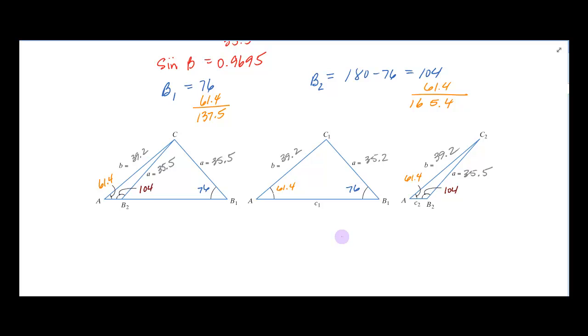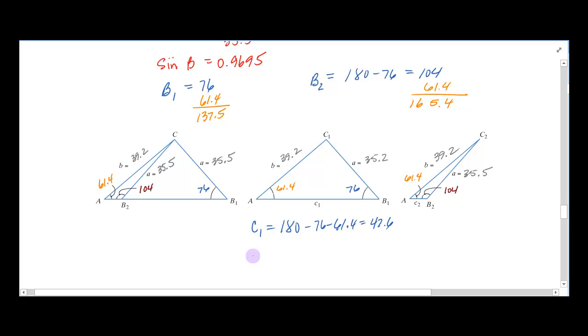So let's just start, and we'll say, okay, I need to know angle C1. I find that by taking 180 minus 76 minus 61.4, and I find out that that would be equal to 42.6. So I know C1 is 42.6.